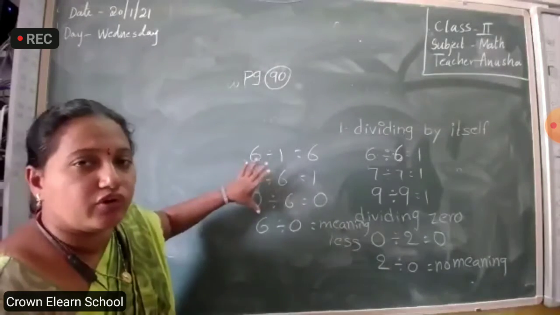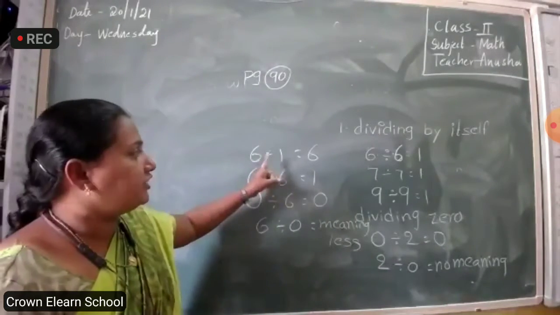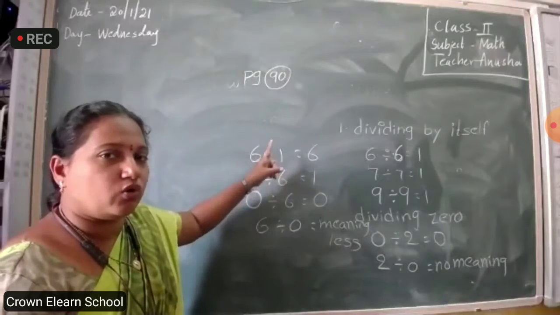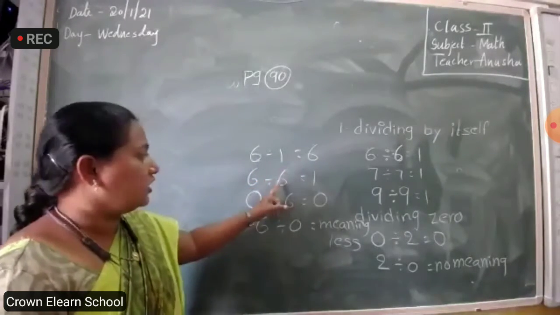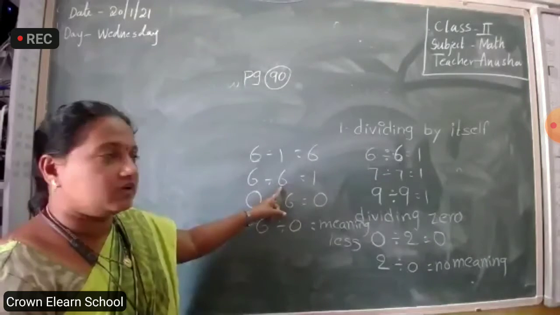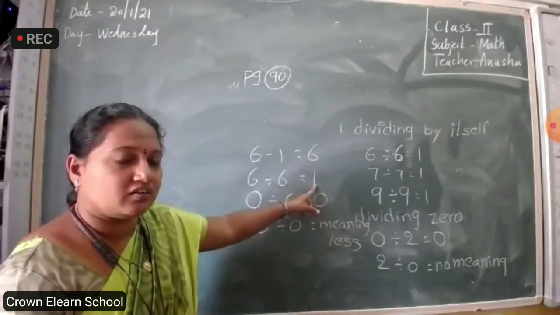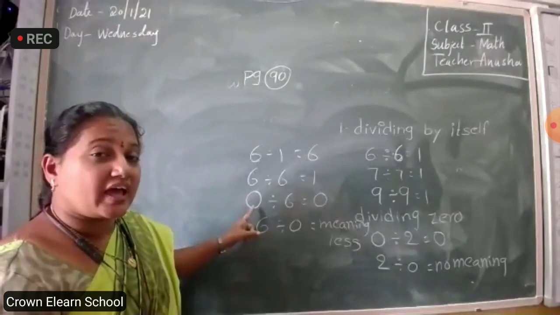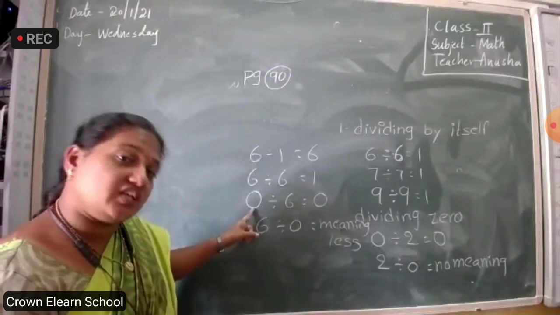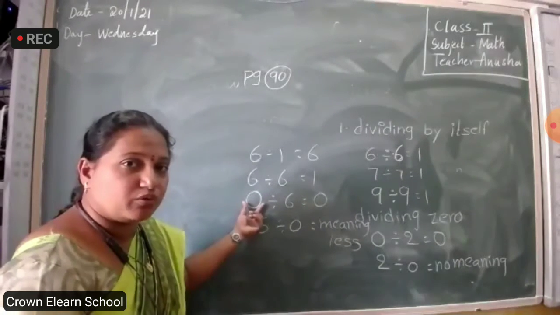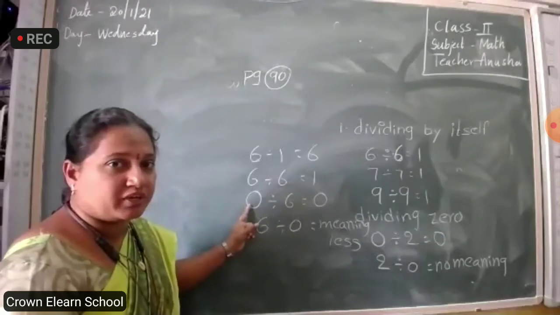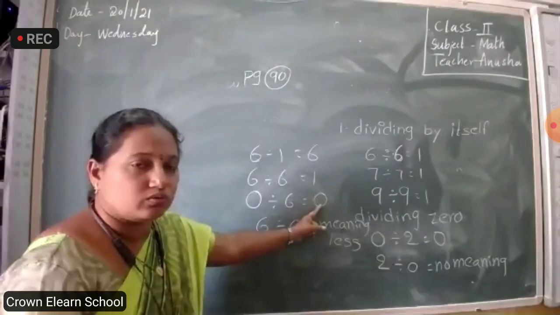Have you understood the 4 properties? When you divide by 1, you are only 1 kid, so you will get the same. When you divide a number by itself, you will get 1. When your mother has 0 and you divide 0, your answer is 0. 0 on the left of the division symbol means the answer is 0.